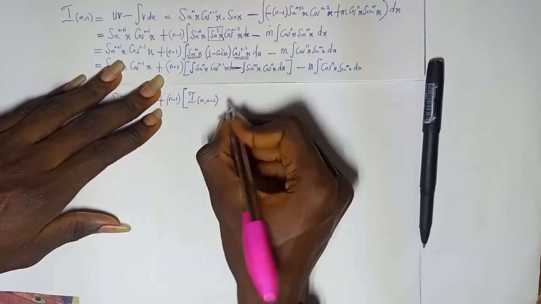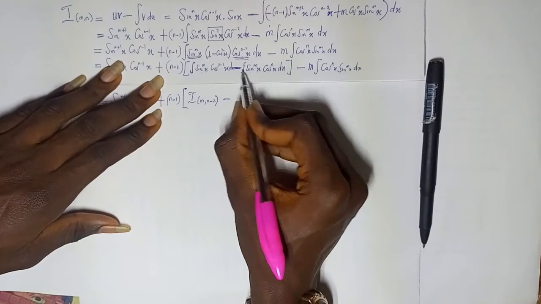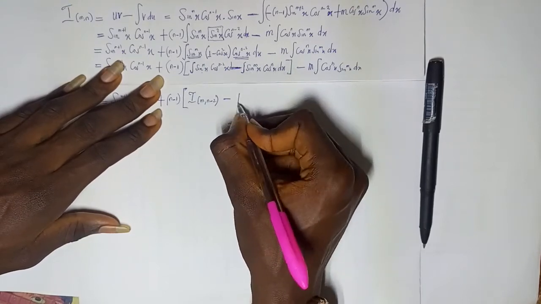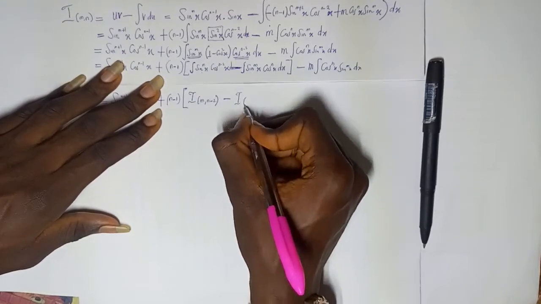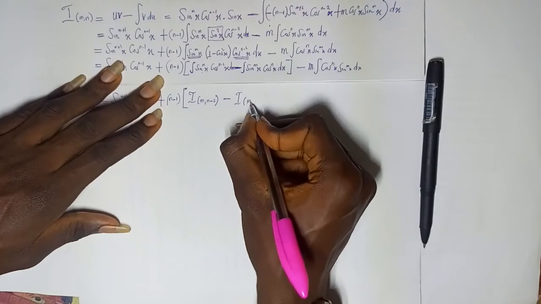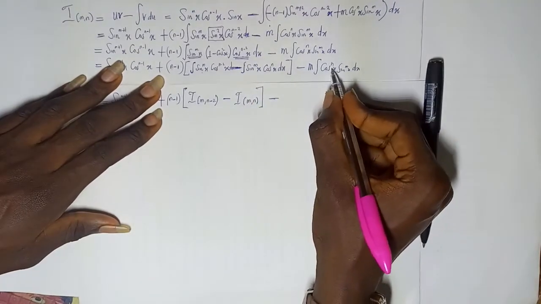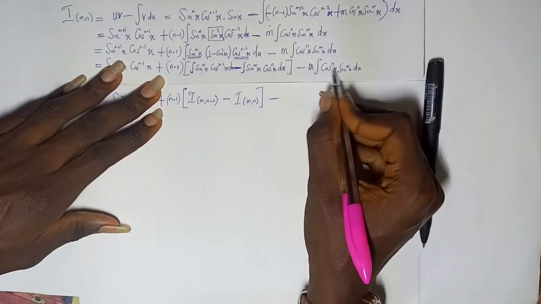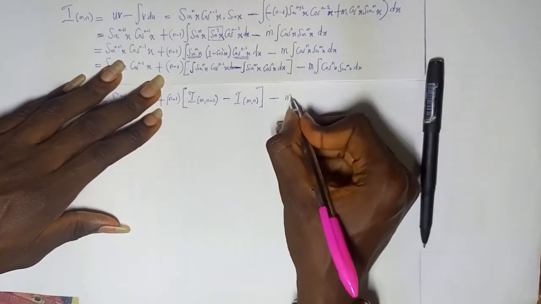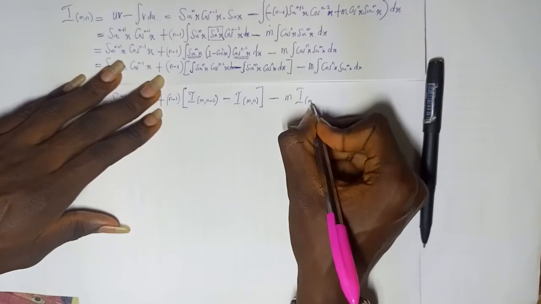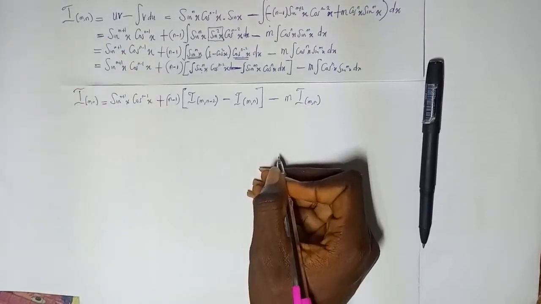That's very true. Minus what I have here also represents I of m comma n, right? So it's making sense. The same thing is applicable here. When you rearrange this, you have sine mx cos nx, which is the assumption we made for I of m, n. So it's making sense.